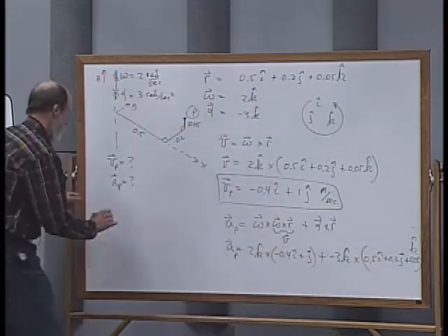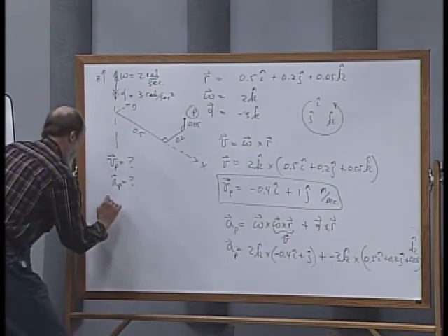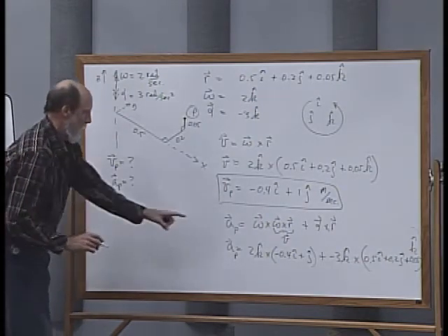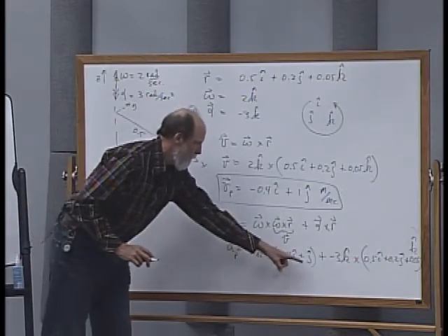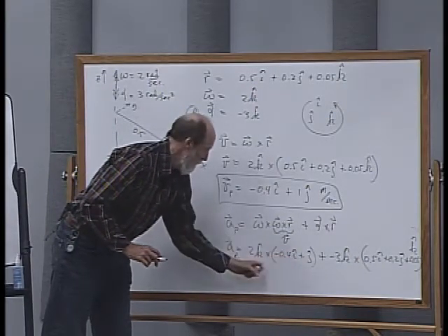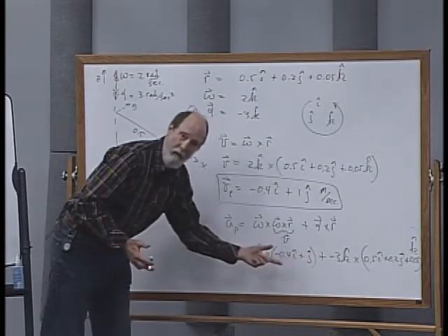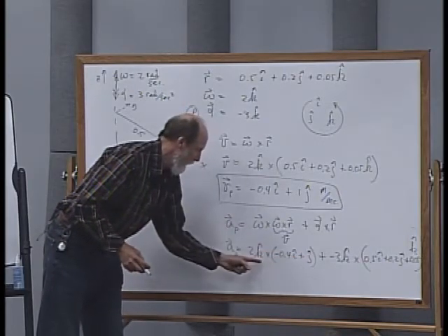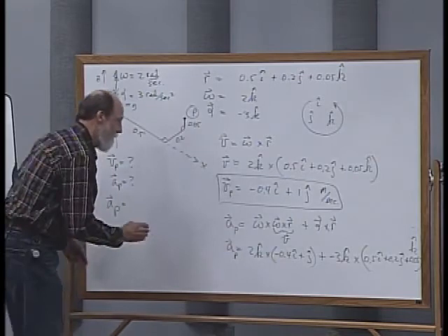So the acceleration of P is then going to be equal to K cross J is going backwards, right? K cross J is backwards alphabetically, so you're going to end up with negative I, and you're going to end up with a negative 2I.